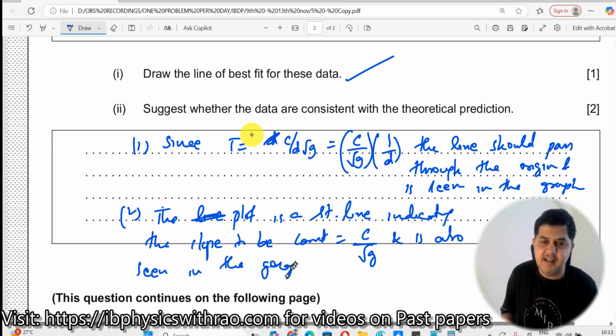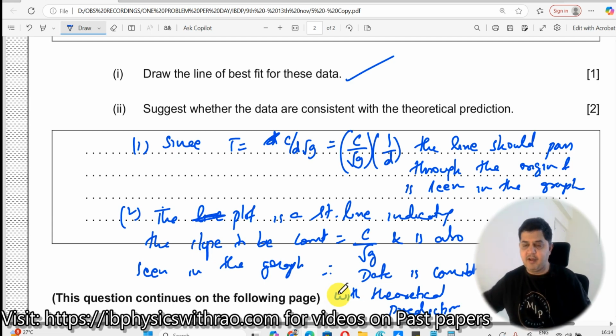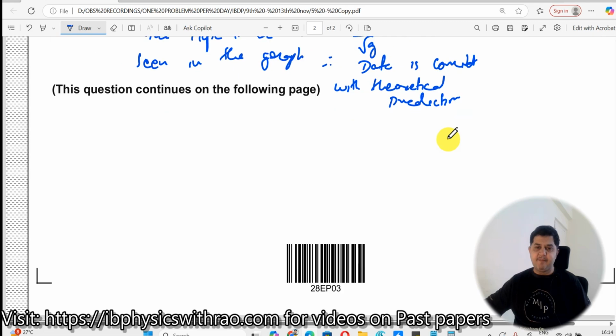Both things are seen, right? So therefore, the data is consistent with the theoretical prediction. Okay, let me move on to the next.